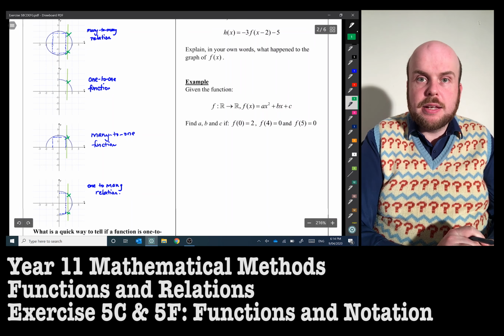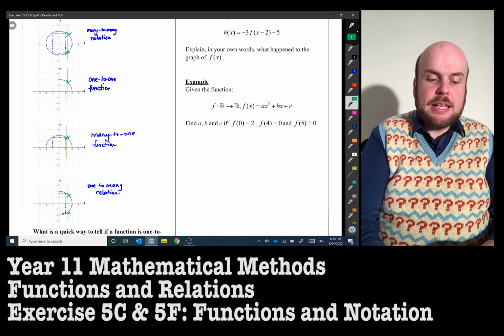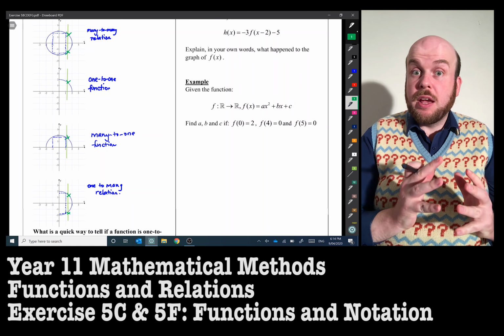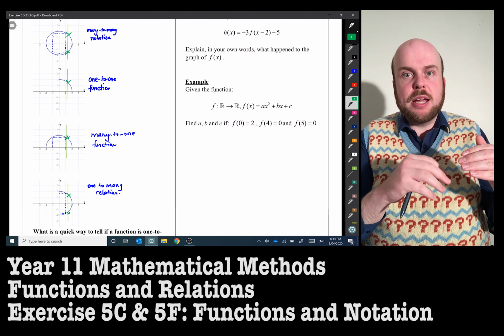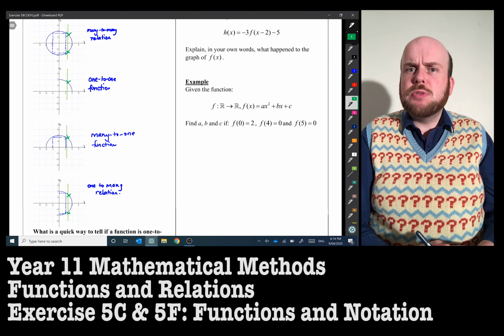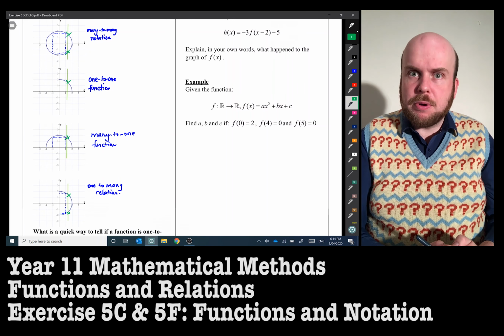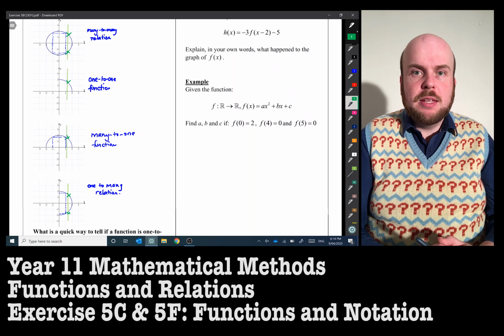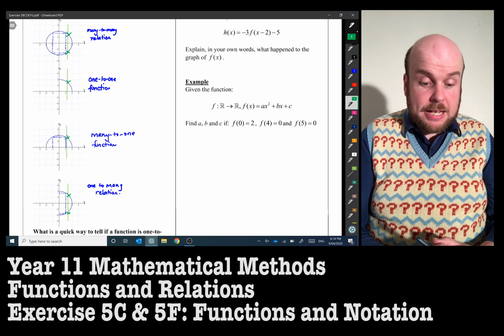Draw a vertical line, and it hits that graph twice. So you can see here that we've been able to use the vertical line test to separate our relations from our functions. But can we do something similar to separate the one-to-one function from the many-to-one function?